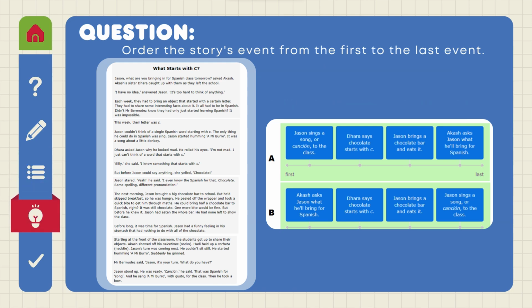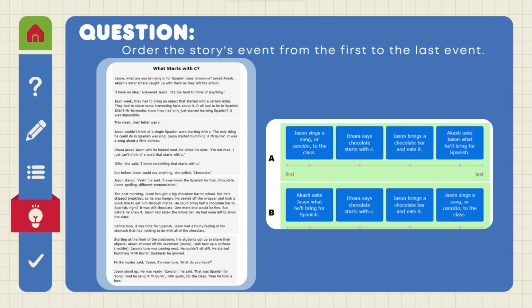What starts with C? Jason, what are you bringing in for Spanish class tomorrow? asked Akash. Akash's sister Dara caught up with them as they left the school. I have no idea, answered Jason. It's too hard to think of anything. Each week, they had to bring an object that started with a certain letter.